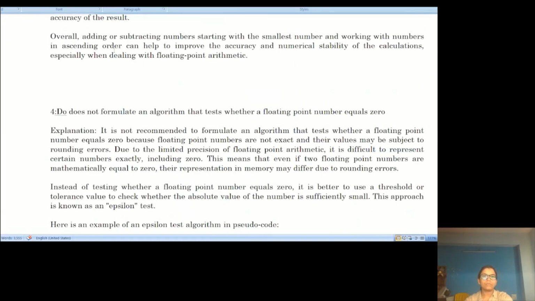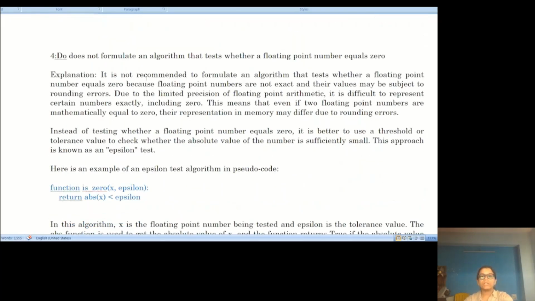For the next question, do not formulate an algorithm that tests whether a floating point number equals 0. It is not recommended, because floating point numbers are not exact. Their value may be subject to rounding. Due to the limited precision of floating point arithmetic, it is difficult to represent certain numbers exactly, including 0.